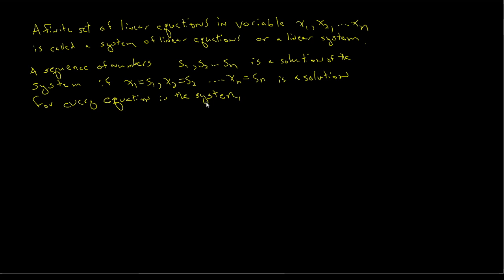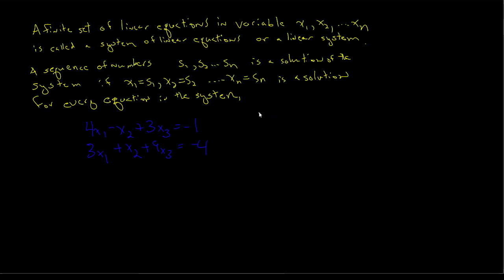So let's look at an example, and we'll make a system with three variables. So for x1 minus x2 plus 3x3 equals negative 1, 3x1 plus x2 plus 9x3 equals negative 4.